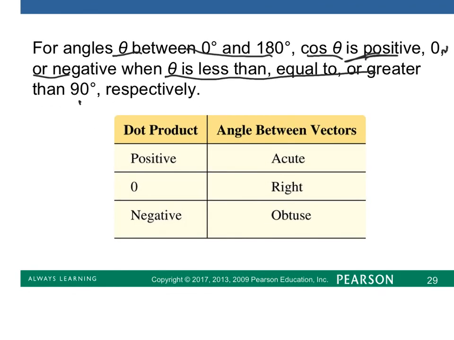When you dot product vectors at an acute angle, you're going to get a positive number. When you dot product two vectors at a right angle, you'll get a 0. The dot product will be 0. So it happened to us. If the angle is bigger than 90, obtuse, your dot product will be negative.